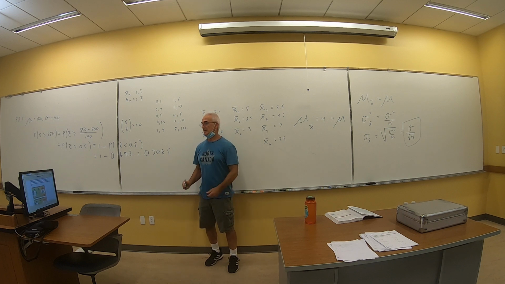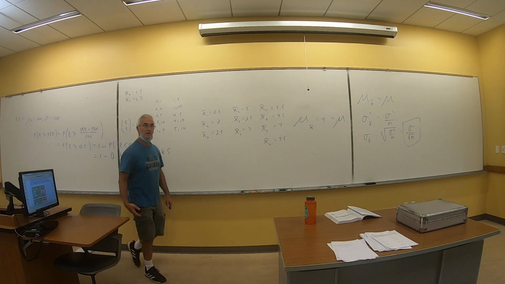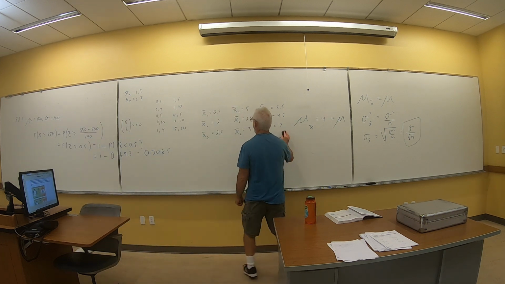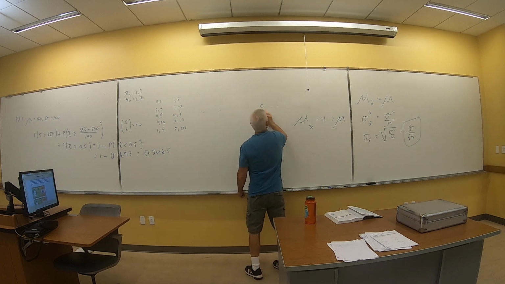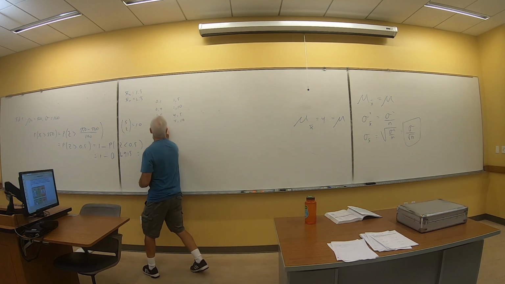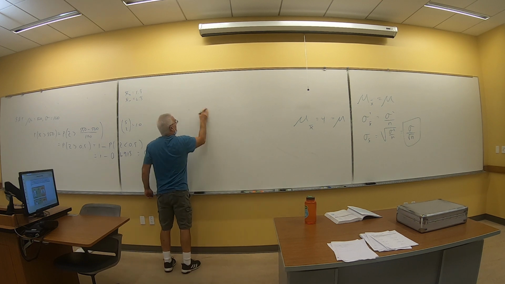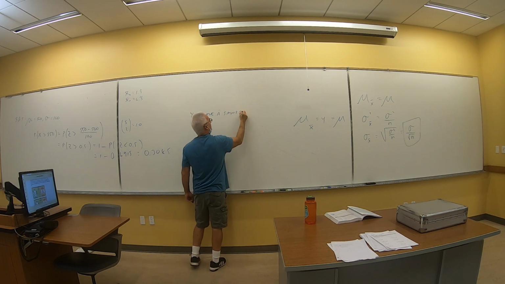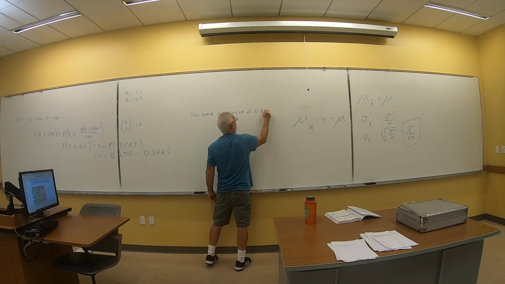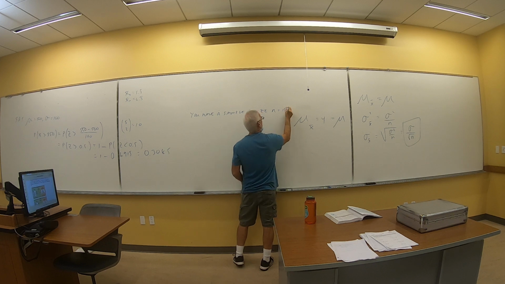Okay, great. Now, I'm not going to grab an individual at random. I'm going to grab an entire sample of people. Okay, so different question. You have a sample of size, let's say n equals 15.